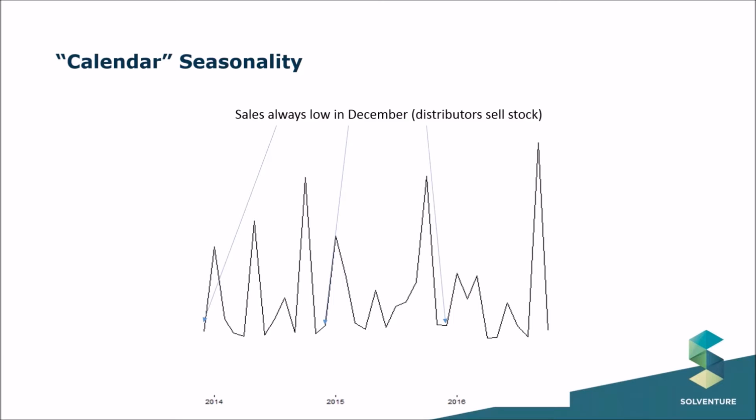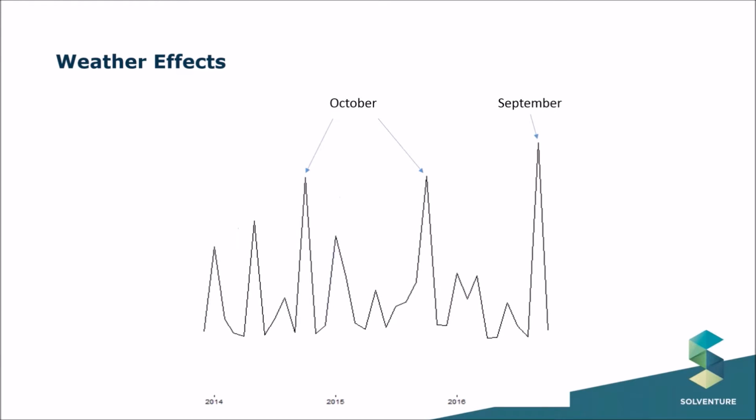What is less easy to see here, but what we will show with the arrows, is that we also expect weather effects. And why is that? Well, there are three peaks in the sales pattern. There's a big peak over here, a second peak over here, and a third peak over there.